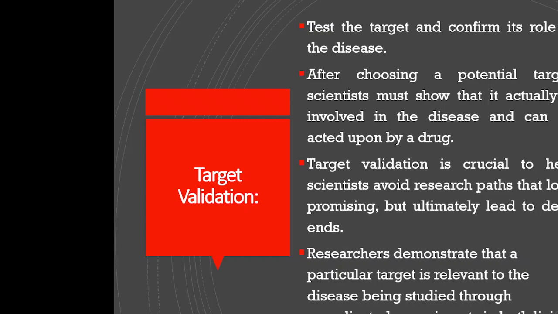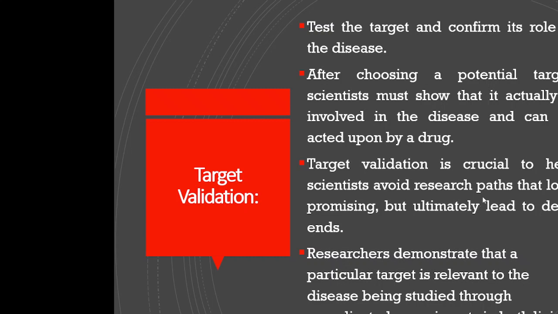Validate means we are going to confirm. After choosing a potential target, scientists must show that it is actually involved in disease and can be acted upon by a drug. There are two important conditions. One, we have to make sure that protein A is the real culprit responsible for the development of disease. Second, we have to make sure that protein A is druggable, meaning it can be influenced by a drug.